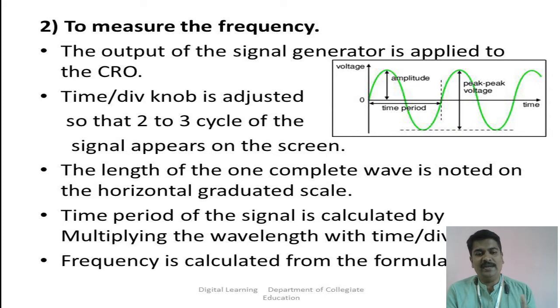So 1 divided by T gives you the frequency of the wave. So the frequency of a wave can be easily found with the help of the CRO, cathode ray oscilloscope. Right. So, move on to the next application.